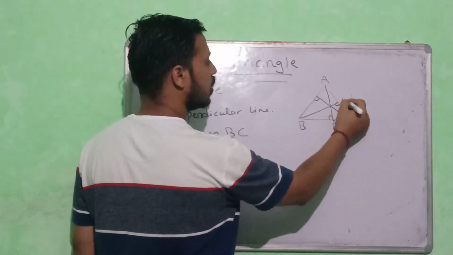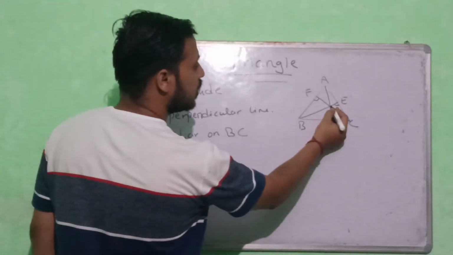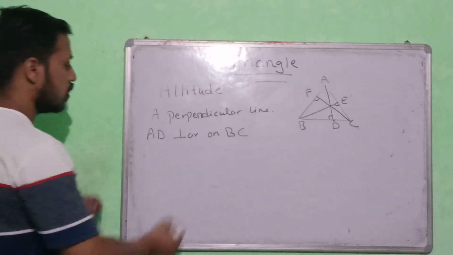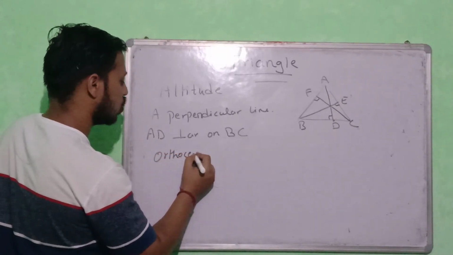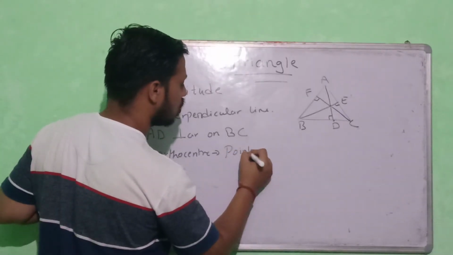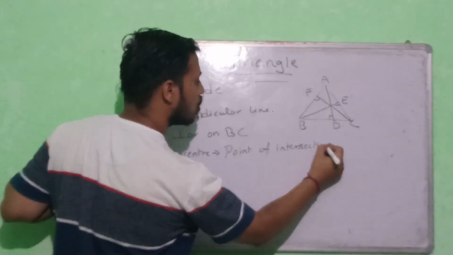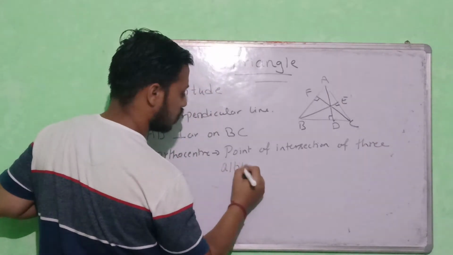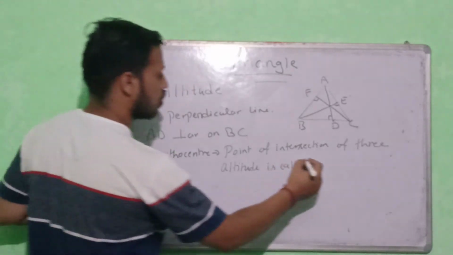We can name them E and F. Where the three altitudes meet is called the orthocenter. The point of intersection of three altitudes is called the orthocenter.